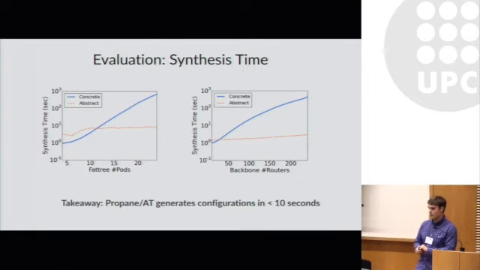For the concrete network, we found that the synthesis time would grow, as you'd expect, quite dramatically as you get to larger and larger networks. And so when you get to many thousands of devices, the configuration would take on the order of hours to days for the concrete setting. And for the abstract setting, we found that we were able to do the synthesis in under 10 seconds in all cases, again, because the size of the abstract network doesn't really grow as the concrete network grows.